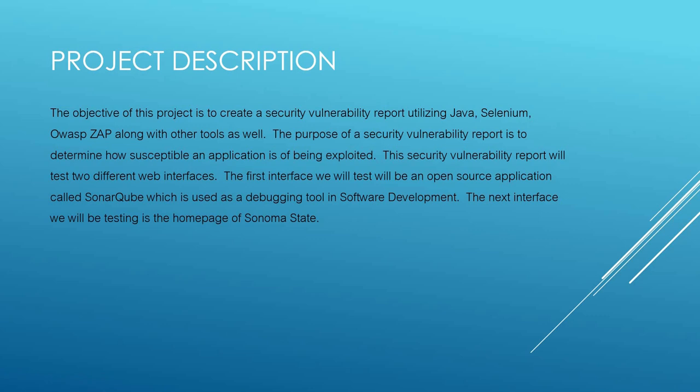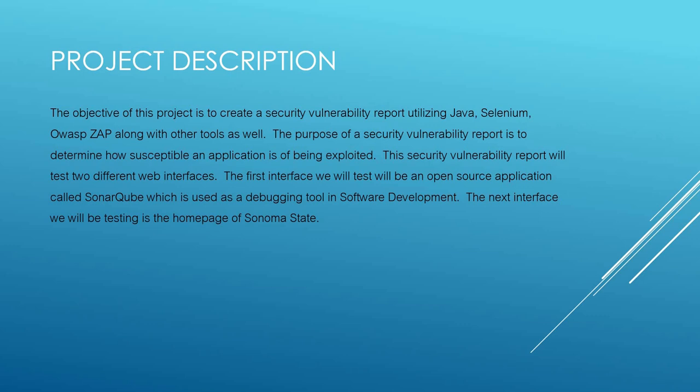So, the objective of this project is to create a security vulnerability report utilizing Java, Selenium, Owasp ZAP, along with other tools as well. The purpose of a security vulnerability report is to determine how susceptible an application is of being exploited.